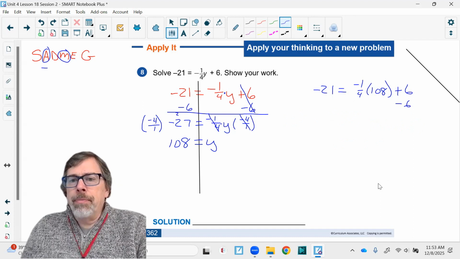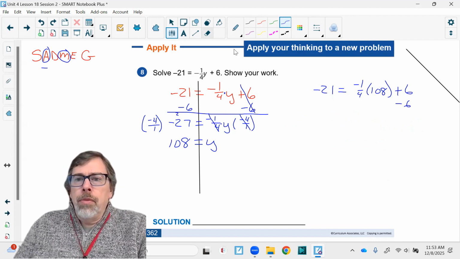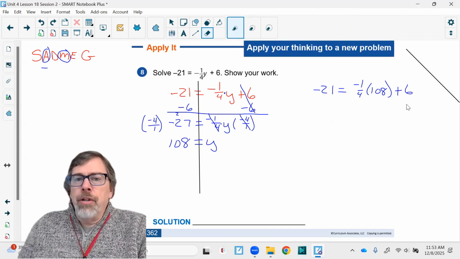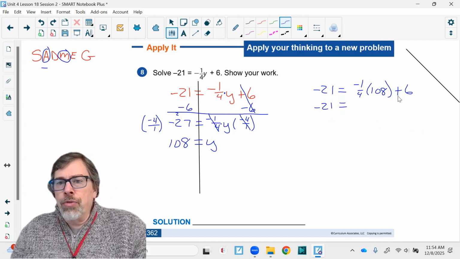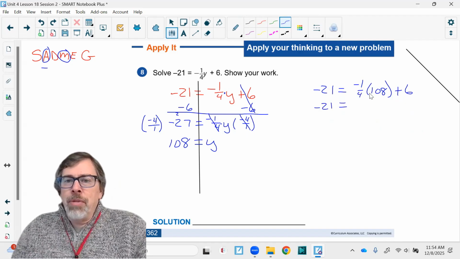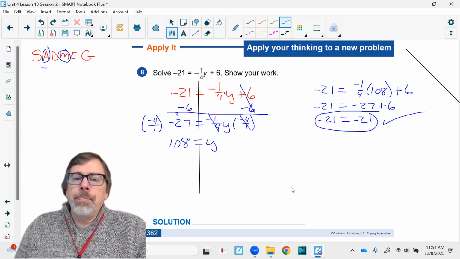Let's go back. We want to leave that negative 21 here. Why am I solving that? We're checking to see if negative 21 is equal over here. So what I have to do here, my apologies, negative 1/4 times 108 is a negative 27, and then you get plus 6. And then negative 21 comes down, and negative 27 plus 6 is negative 21. That is how you check.